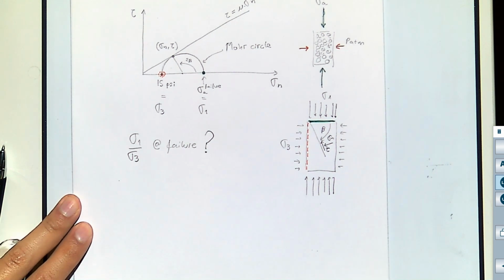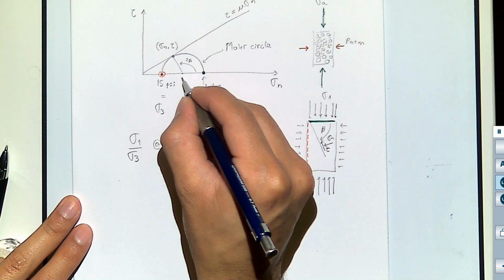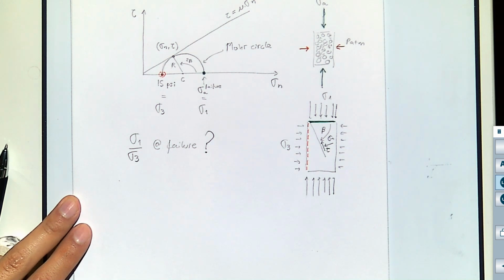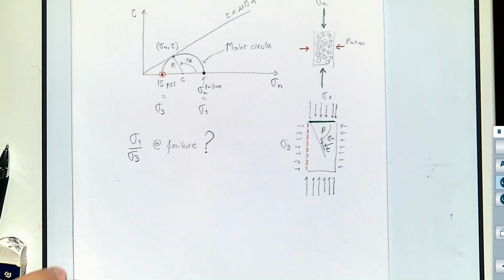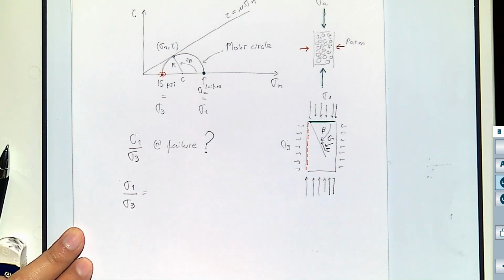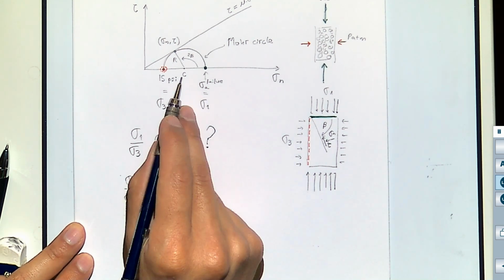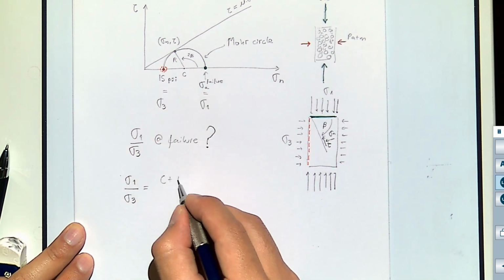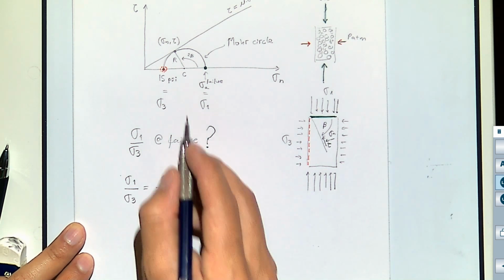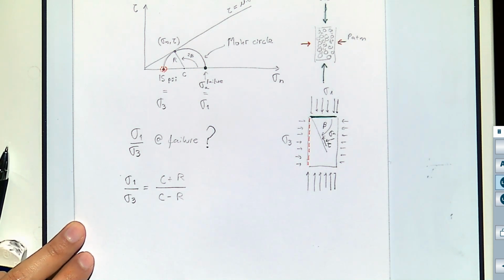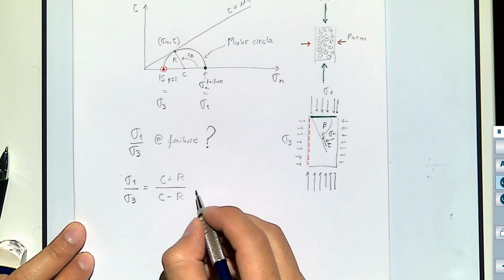All right, so notice that we have a circle here, where this is the center of the circle, and this is the radius of the circle. So sigma 1 divided by sigma 3 is going to be, sigma 1 is the center plus the radius, that point over there, and sigma 3 is the center minus the radius. Okay?